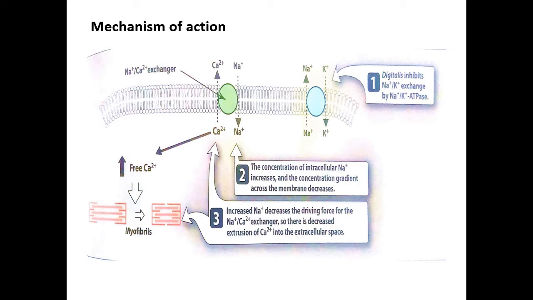and as we know, it is an antiport type of ion channel. So if there is a decrease in the potassium intake, then it leads to decreased outflow of sodium ion consecutively.